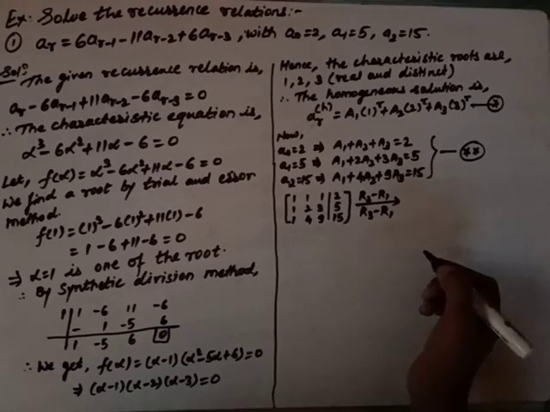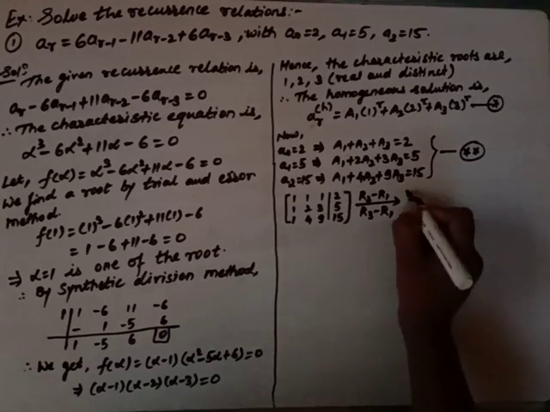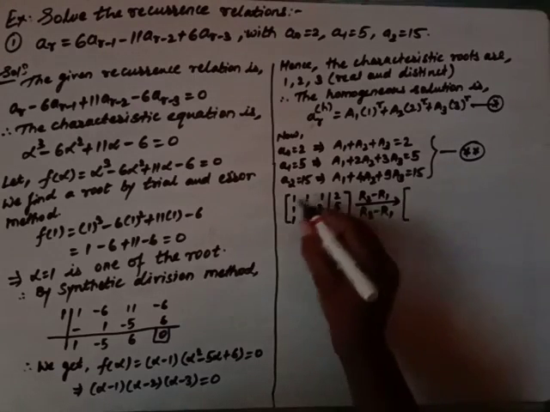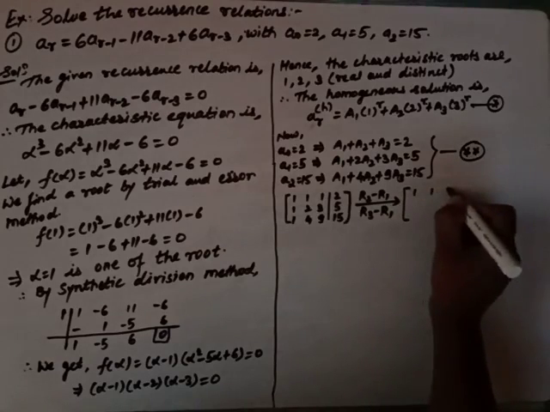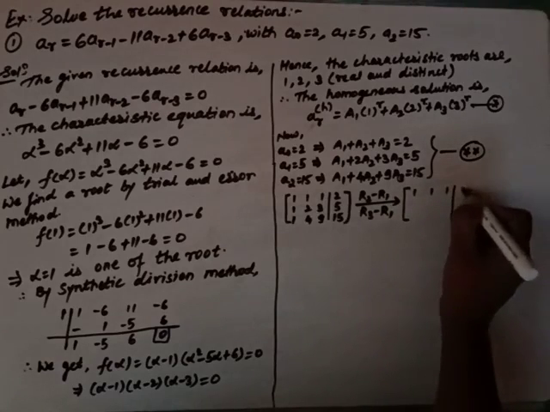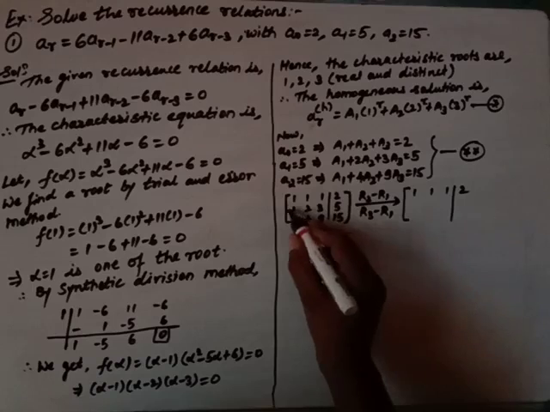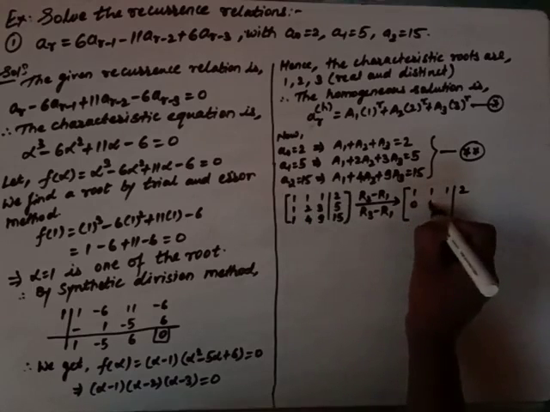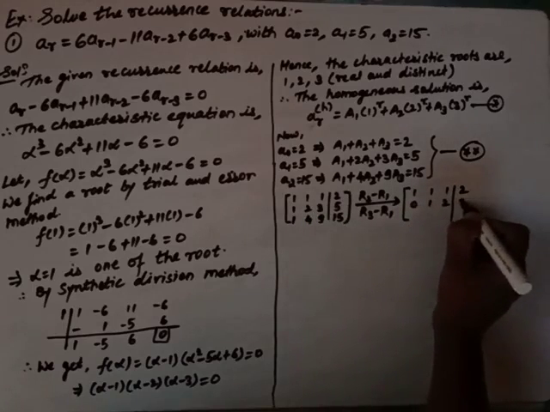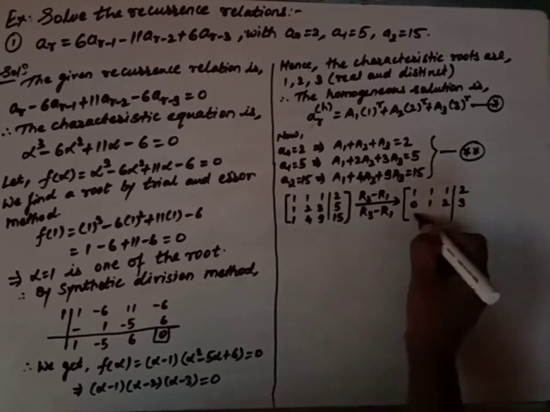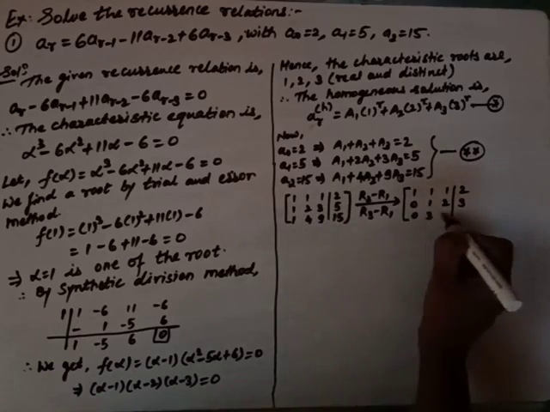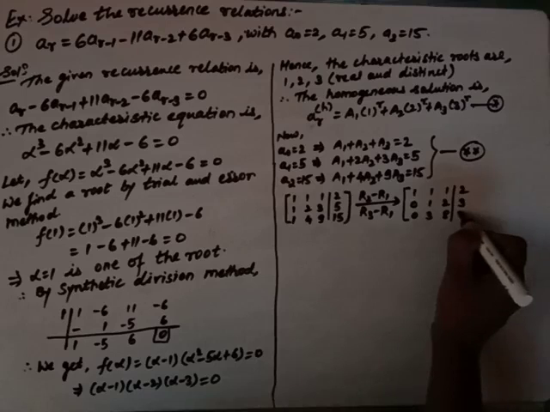R1 is as it is. So now this will become 0, 1, 2 and 3, then again 0, 3, 8 and 13.